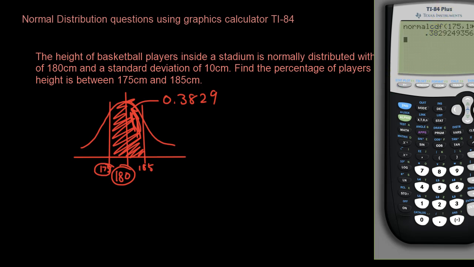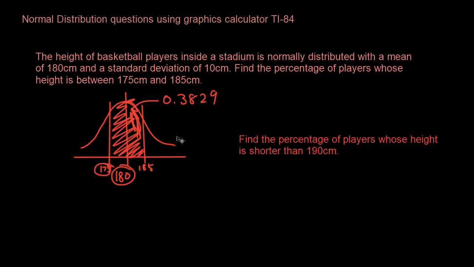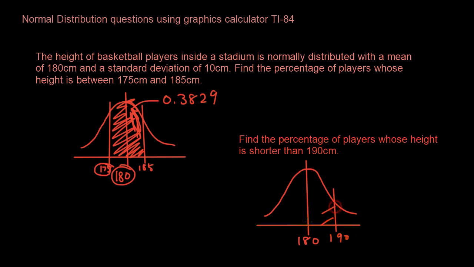Let's change up the question a little bit. It says, find the percentage of players whose height is shorter than 190 centimeters. Again, with all of these questions, I would draw a graph. You have 180 centimeters in the middle, and 190, which is taller than 180, and we want all of this area to the left of this line.